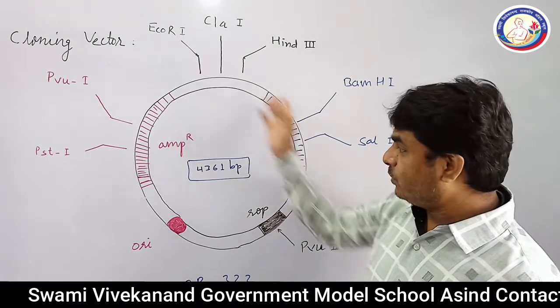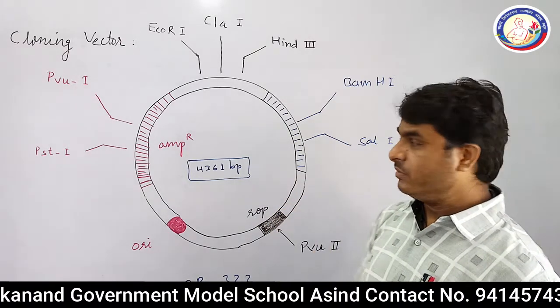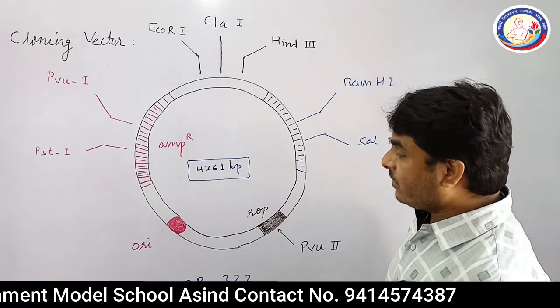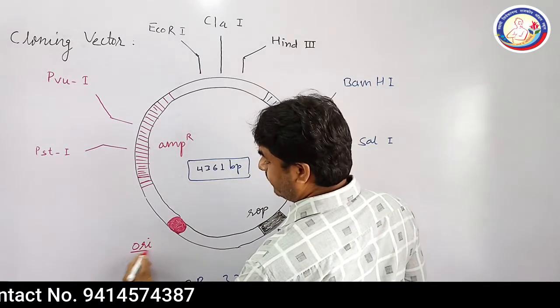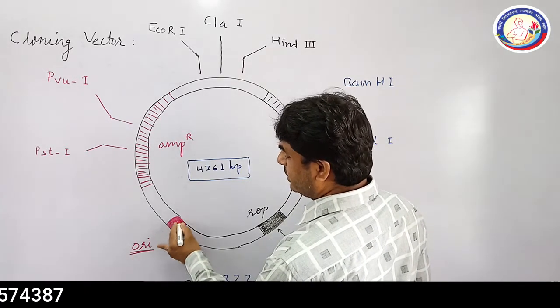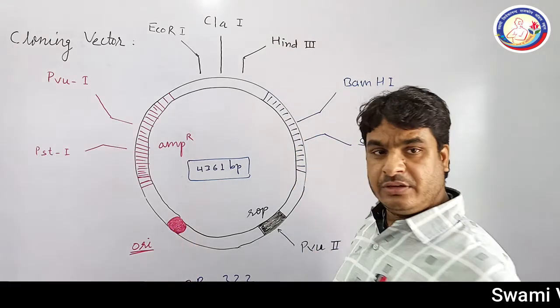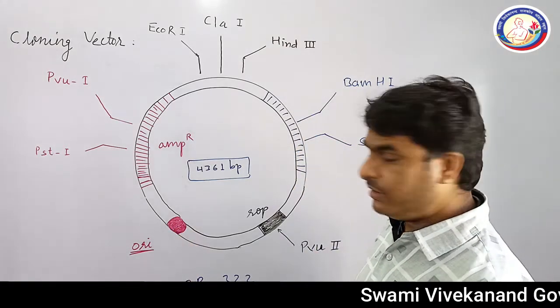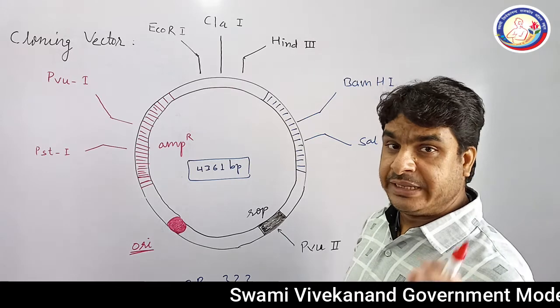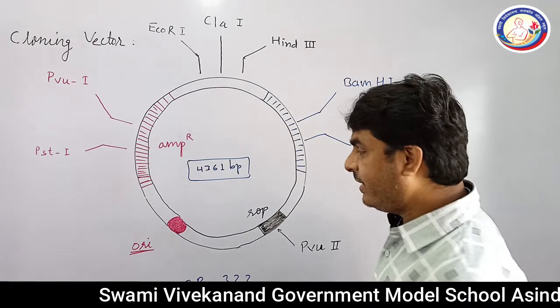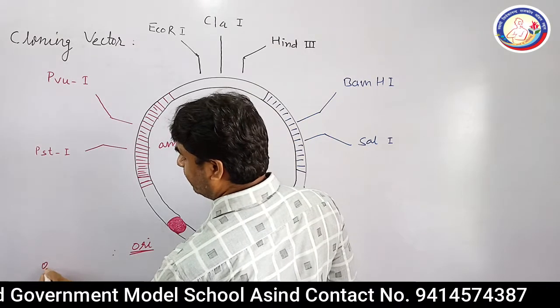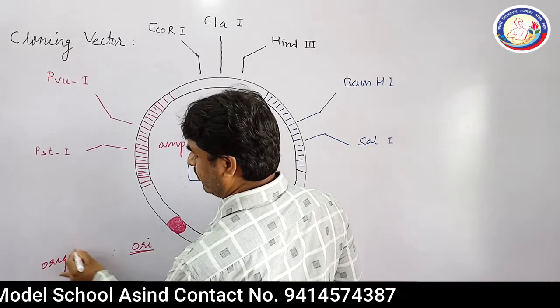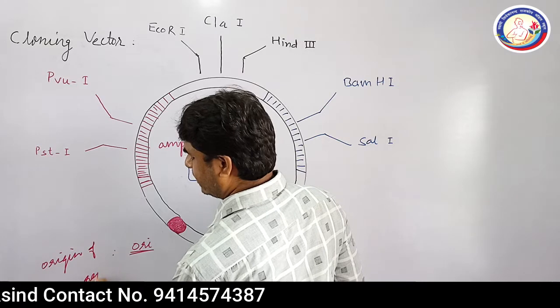You need to draw this figure at home neatly. We will start this figure with the ORI. This is the special sequence of DNA found in the plasmid from where DNA replication is started, and it is shown by ORI. ORI means origin of replication.